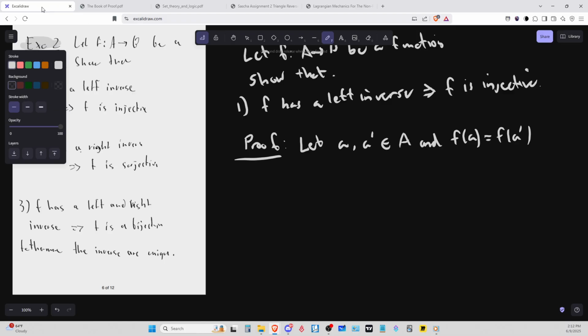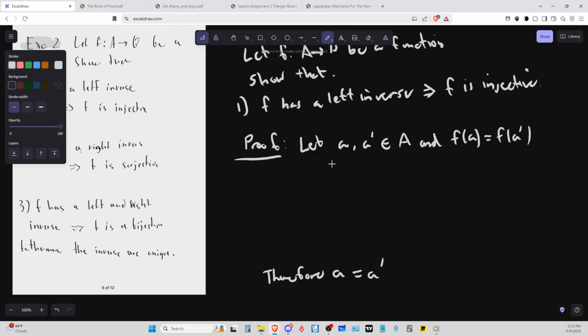Because according to the book, to prove something is injective, it's easier to do proof by contrapositive. So we'll just write the last part: therefore A is equal to A prime. So let A and A prime be elements of A, and f of A is equal to f of A prime.